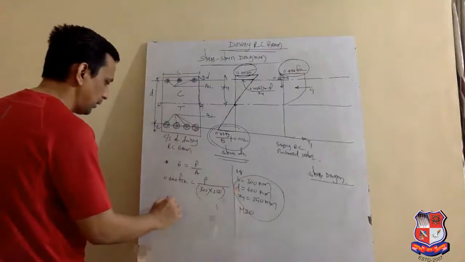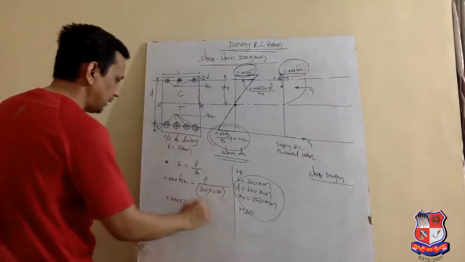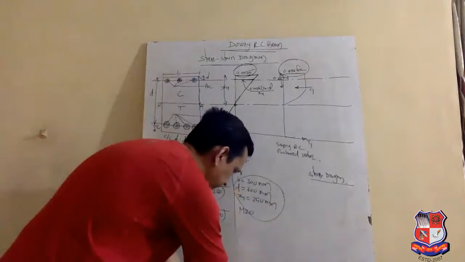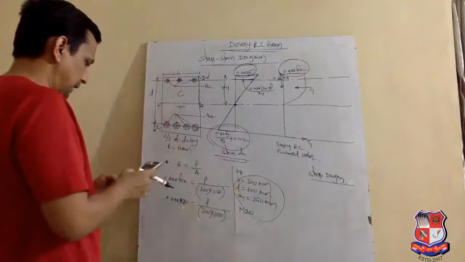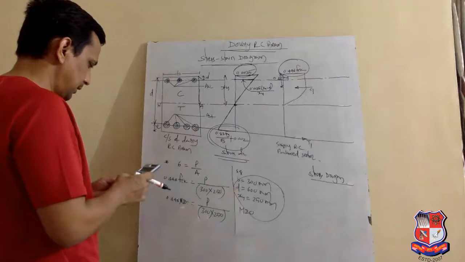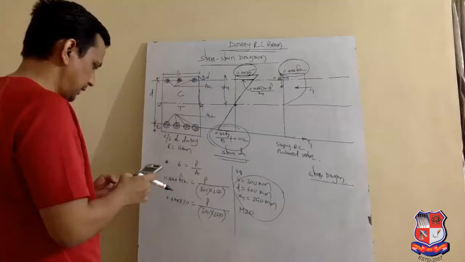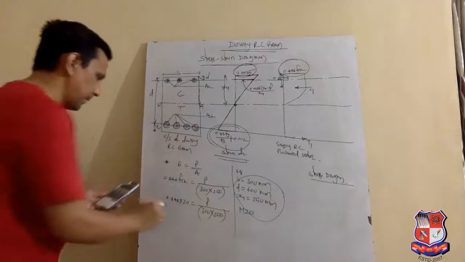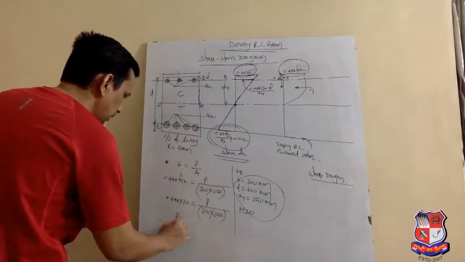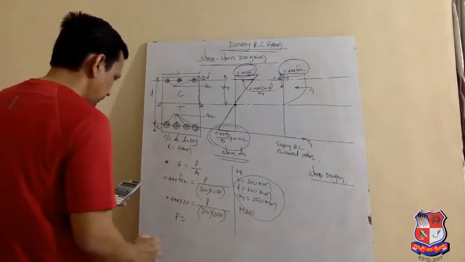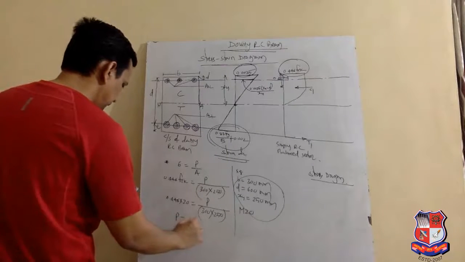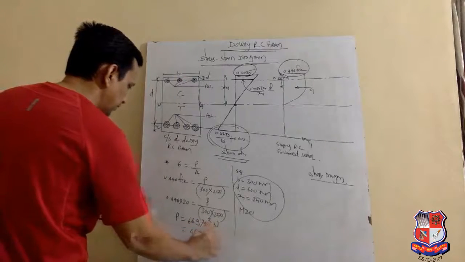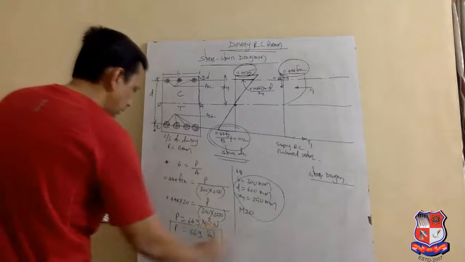So 0.446 fck is equal to P upon the area. When we calculate this, with fck as 20, into 300 into 250, we get P equal to 669 into 10 raised to 3 Newton, which is 669 kilo Newton.